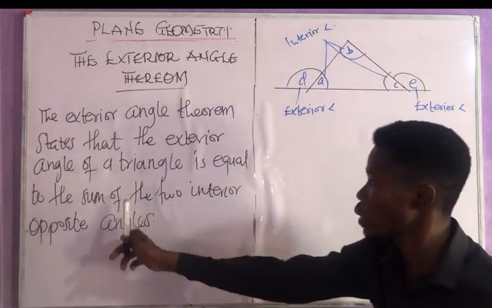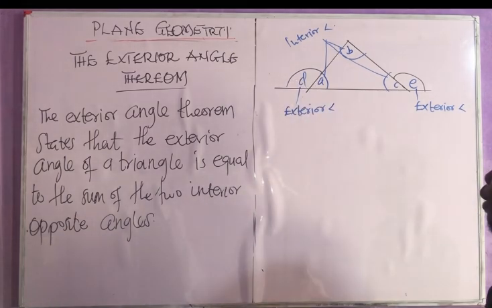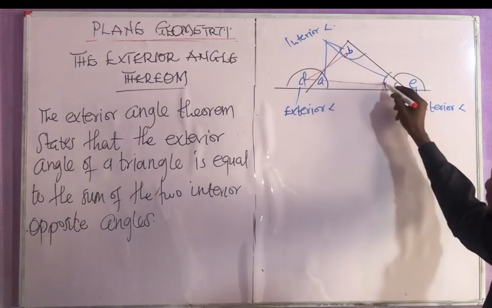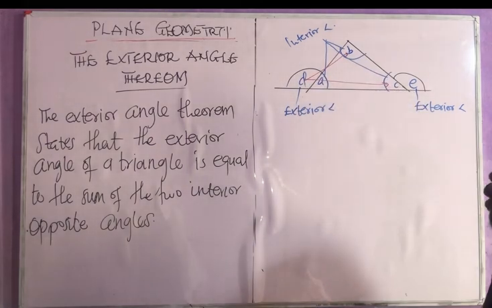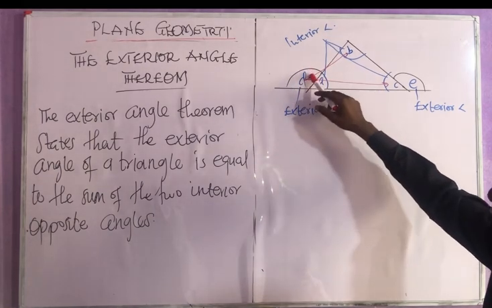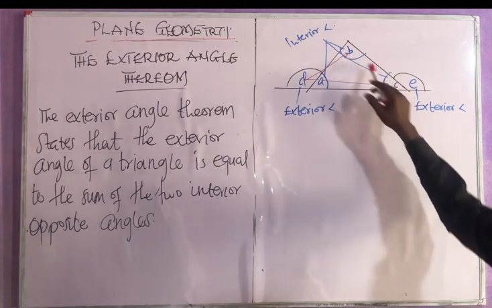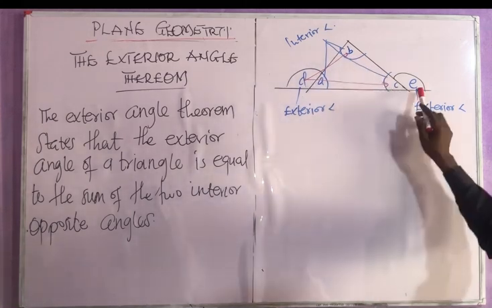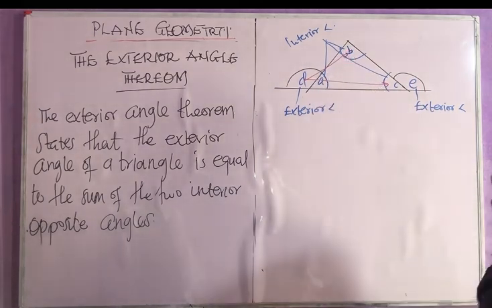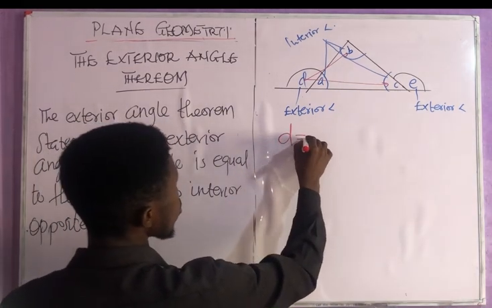It is equal to the sum of the two interior opposite angles. So this D here, the angle here, the opposite of it will be this one and this one. Are we seeing it? So the exterior angle property is saying that the angle here is equal to the sum of the two opposite interior angles. So if you look at this E, the opposite of this E is A and what? B. Is that okay?